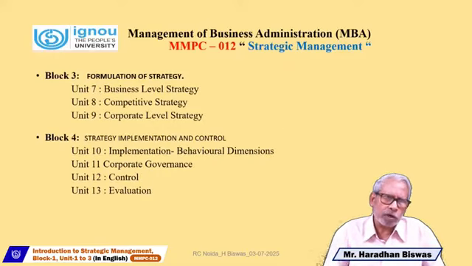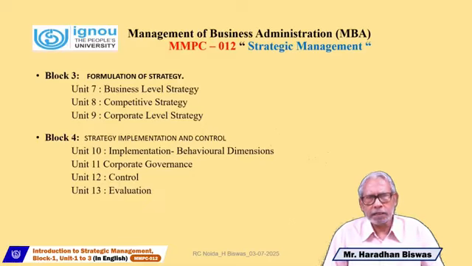Then block number 3 is the formulation of strategy, how to formulate strategy. There again there are 3 units. Unit number 7 is business level strategy, unit number 8 is competitive strategy, and unit 9 is corporate level strategy. There are 3 different levels.